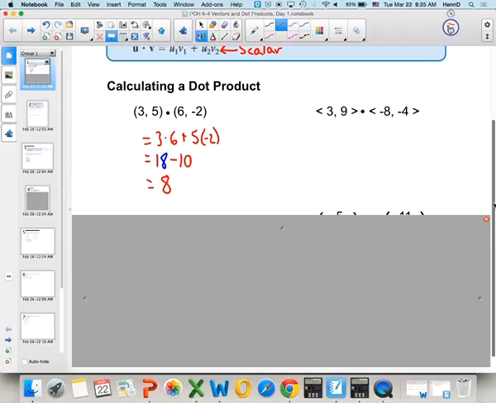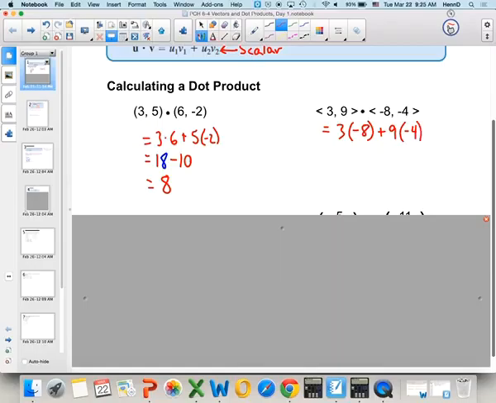Let's look at it again. Here we have the vector 3, 9 times the vector negative 8, negative 4. Finding the dot product. So we're going to do the horizontal components, 3 times the negative 8, plus the product of the vertical components, 9 times negative 4.